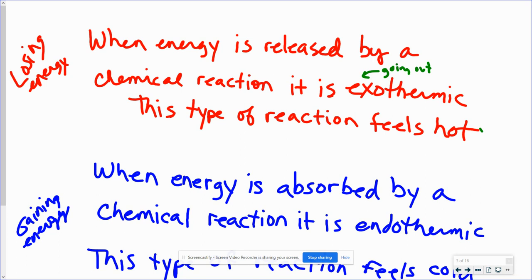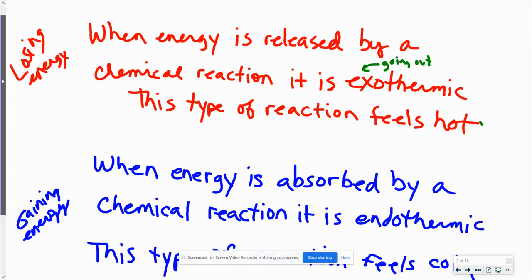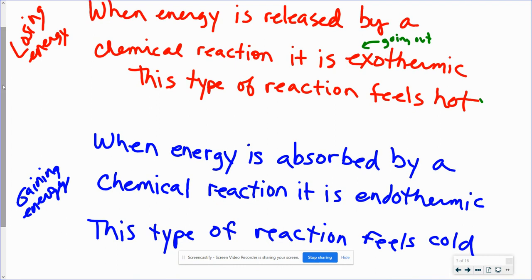The other type of reaction that we can have is endothermic, and that's when energy is getting absorbed by the reaction, and then it will feel cold. So I put red for hot, blue for cold. With endothermic reactions, energy's actually going in, but it's being taken from the surroundings.